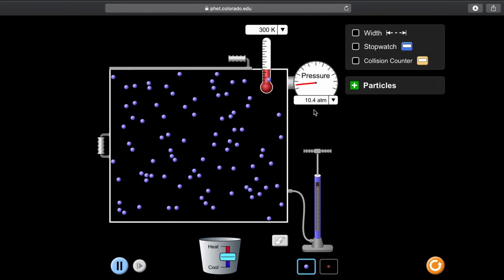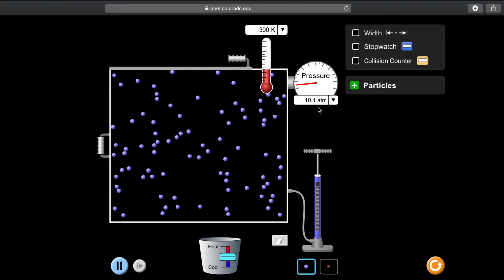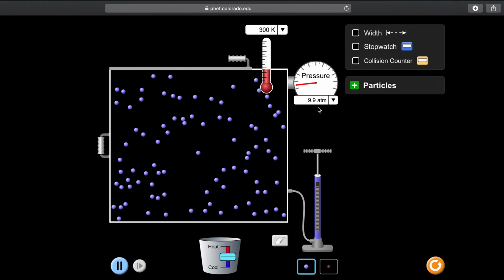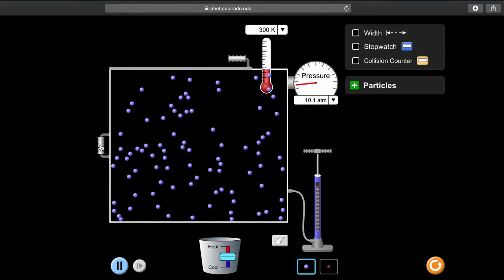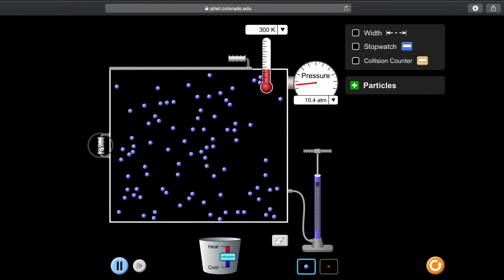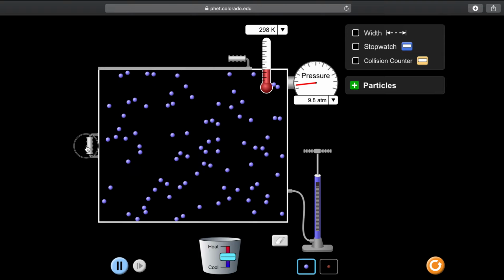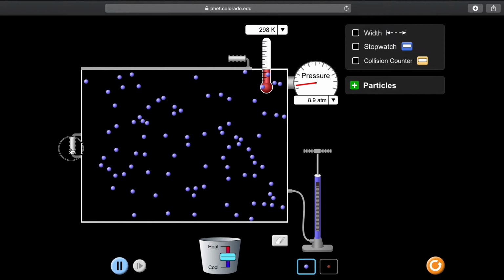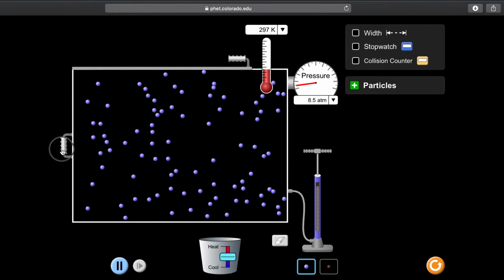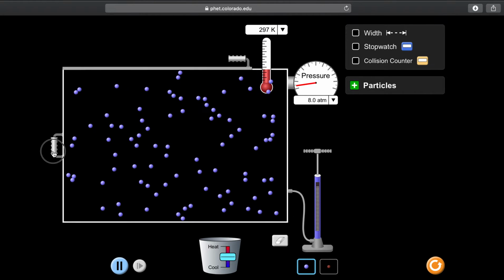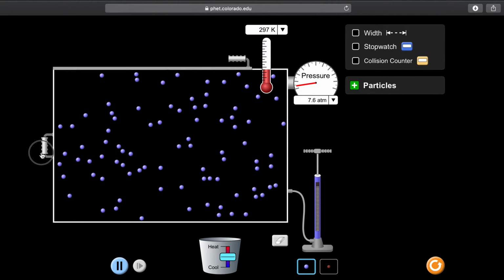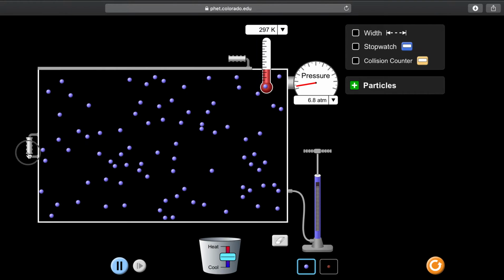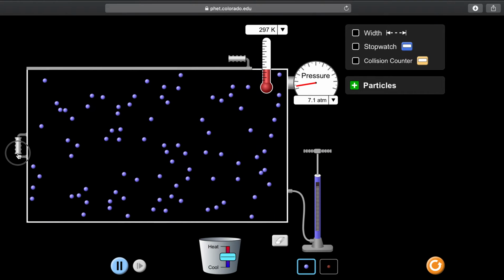So right now our pressure is fluctuating between 9.2 and 10.4 atmosphere. So let's go ahead and increase volume. So as I increase volume, pressure is going to decrease. That's what's happening here.